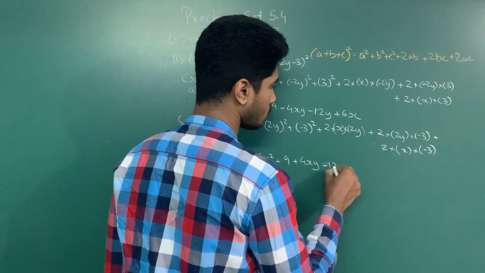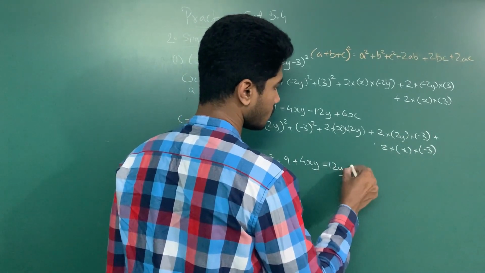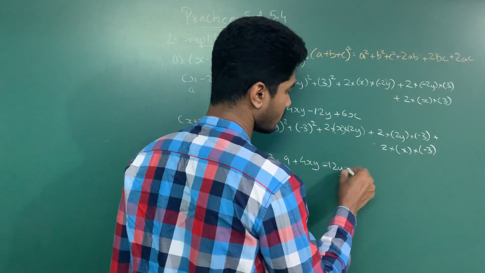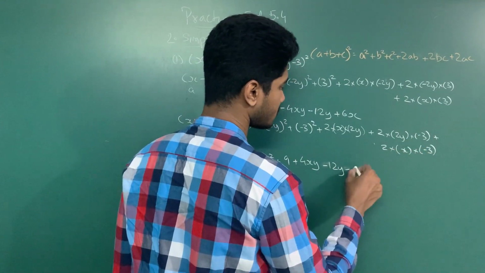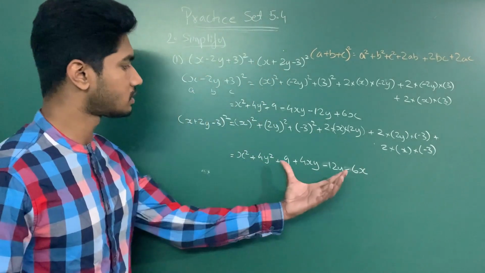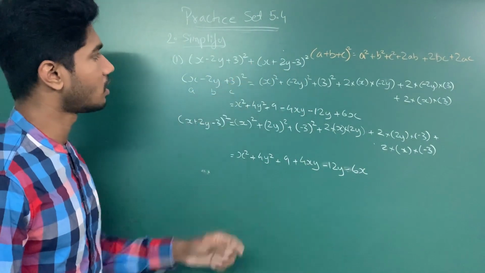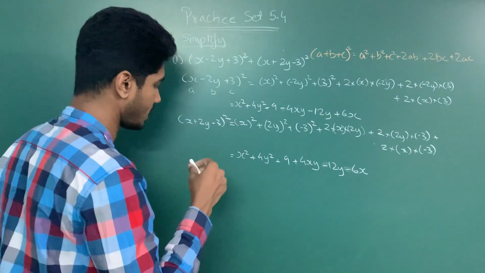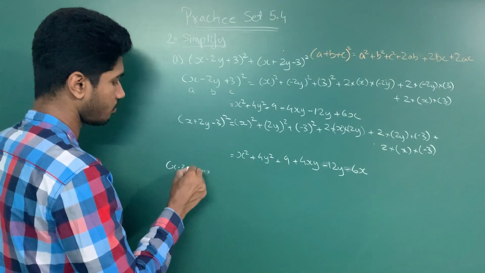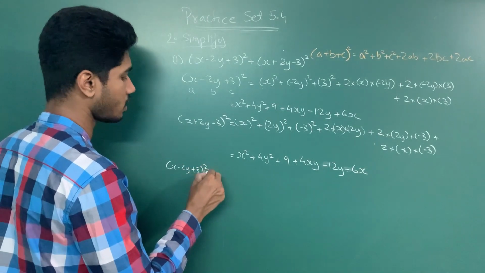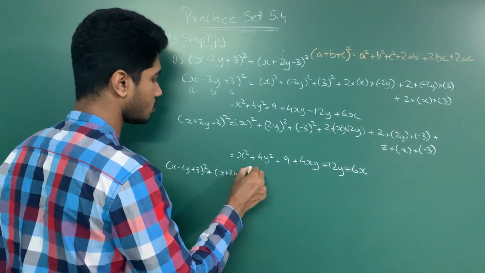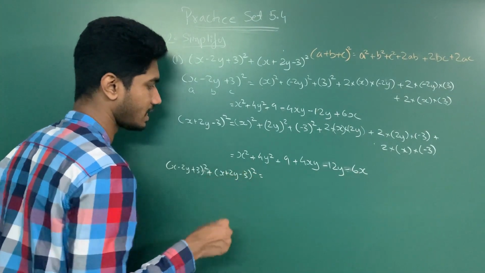So this will be 12y plus minus plus becomes minus, 3 into 2 is 6 and this will be 6x. Now we'll write it together because there's an operator in between both brackets. So we can write this as x minus 2y plus 3 the whole square plus x plus 2y minus 3 the whole square.